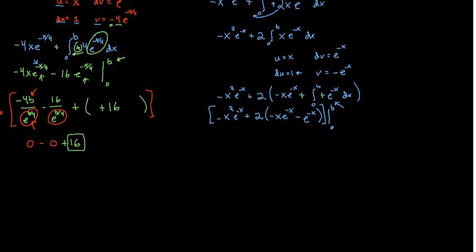So when I plug in b, I'm going to have negative b squared. Now I'm going to turn into a fraction again because I see the negative exponent, e to the b, plus 2 times negative b over e to the b minus 1 over e to the b.